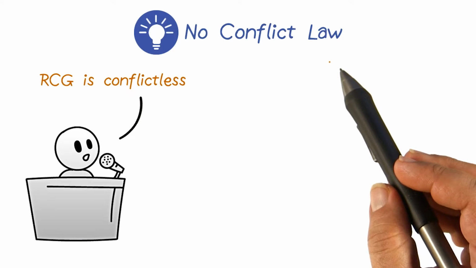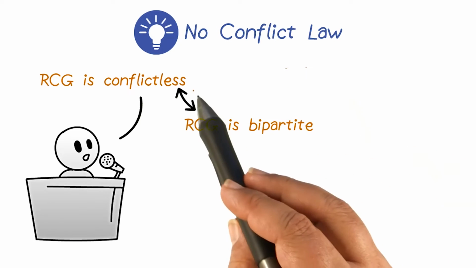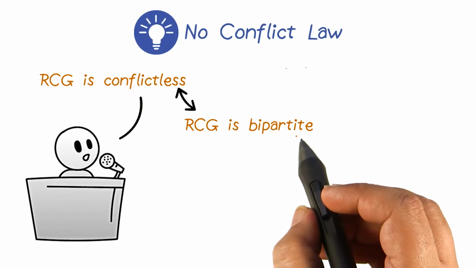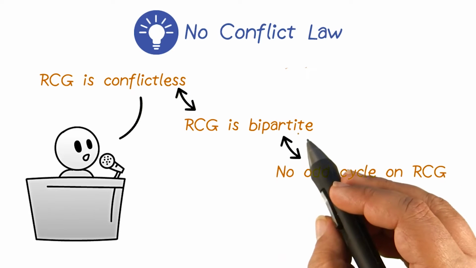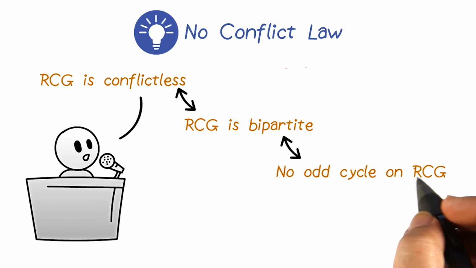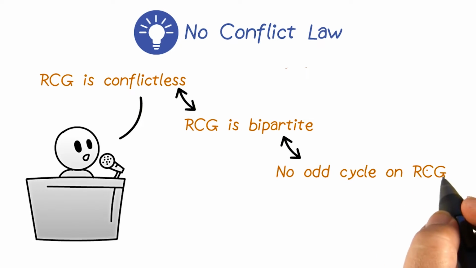So here are some important results that we use for deciding these. RCG can be allocated in register banks provided it is bipartite and vice versa. And the most important result to decide whether RCG is bipartite is that there cannot be any odd cycle in RCG.